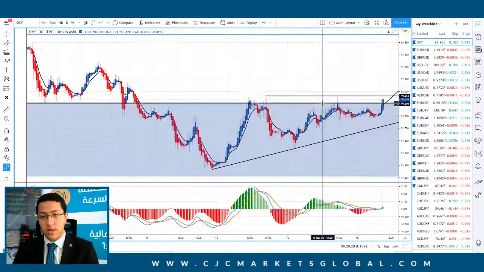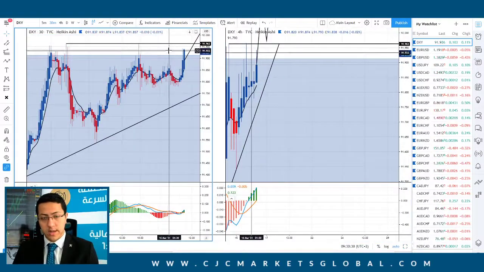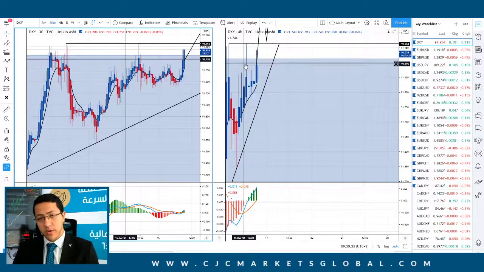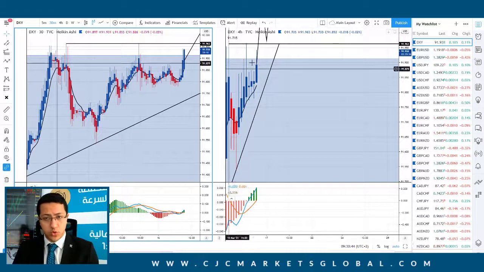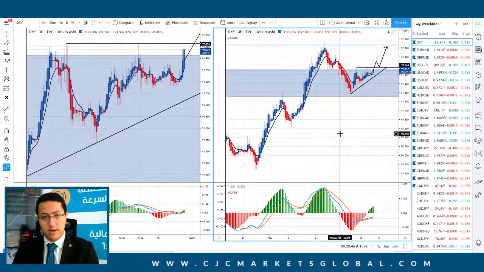That's what we are expecting on the US dollar index for today. But be aware that we are expecting the figures of the retail sales and the core retail sales today out of the US markets. This should pretty much affect the US dollar. This should be on our watch list for today.